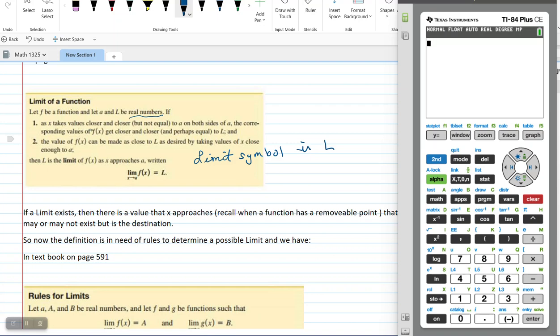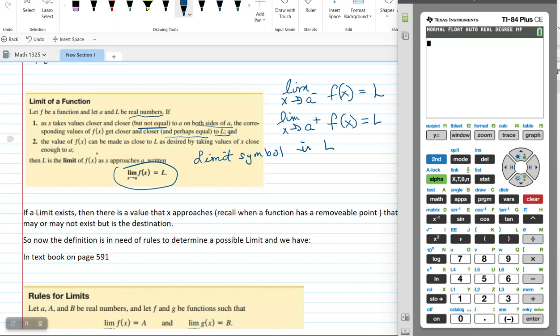As x takes values closer and closer, but not equal to a, on both sides of a, the corresponding values of f of x get closer and closer to, and perhaps equal to, L. So this says that the limit as x approaches some value a from the left of that function equals some L. And then that the limit as x approaches that value from the positive side is also approaching the same L. Therefore, we can say that a limit exists.